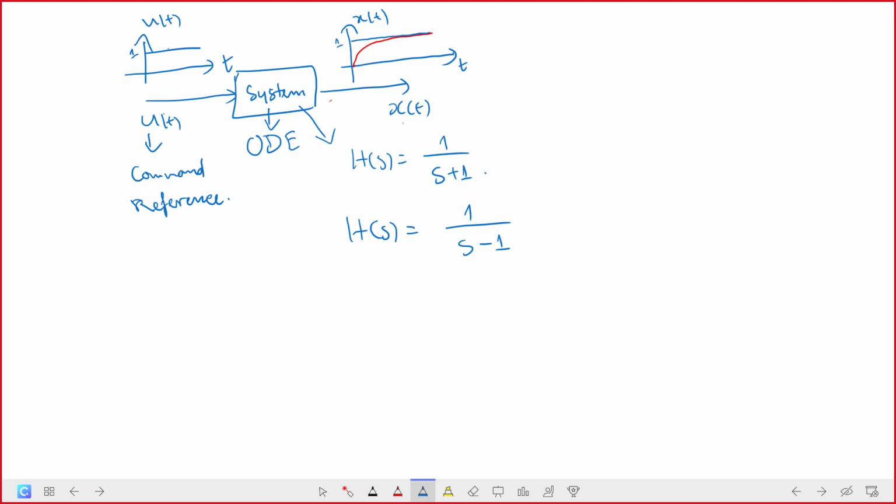But if the transfer function is h of s equal to 1 over s minus 1, a different case. Let's say this is 1, this is 2. The red one is h1. For the solution of this one, we have h2 of t. We should find it first.